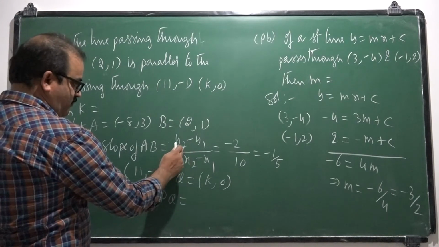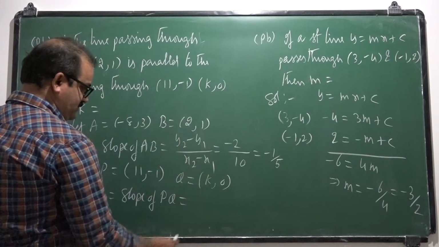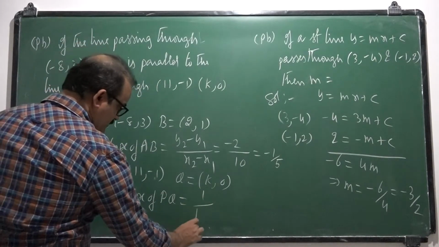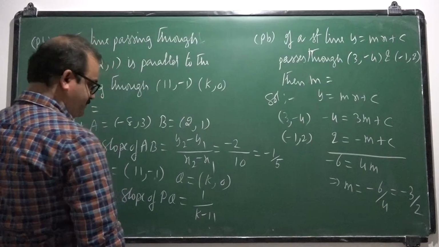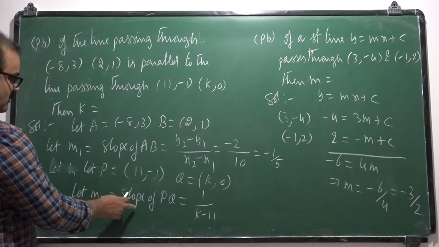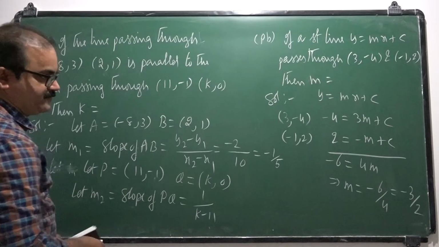Apply the same formula, y2 minus y1 by x2 minus x1: 0 plus 1, 1 by k minus 11. Here these 2 lines are parallel. AB is parallel to PQ.